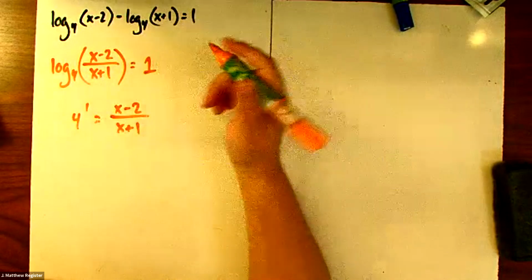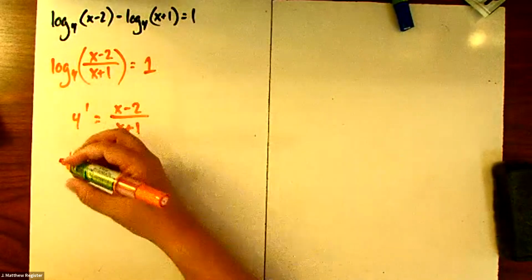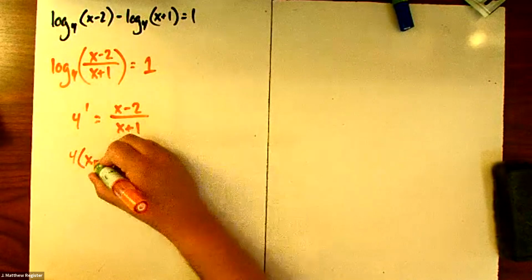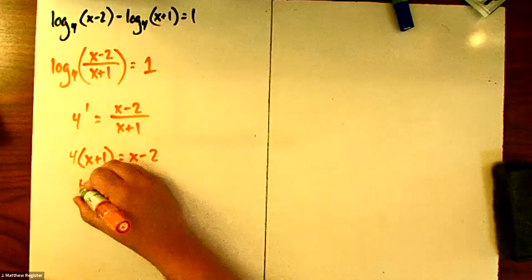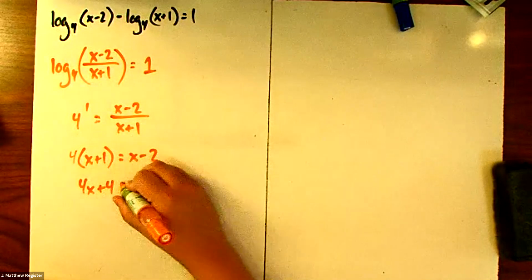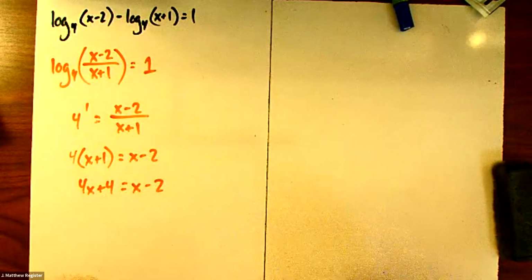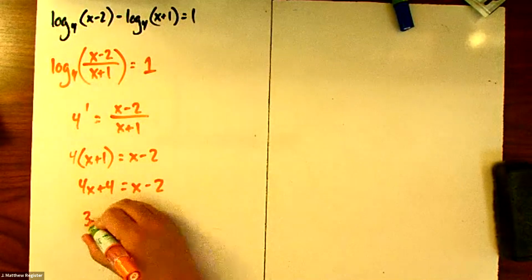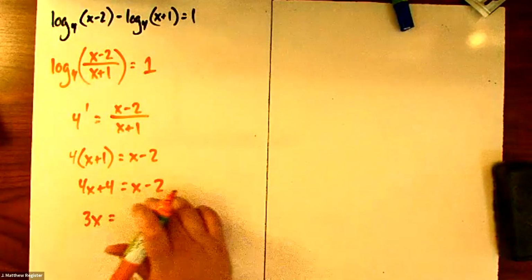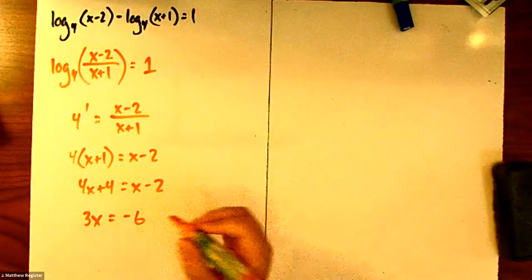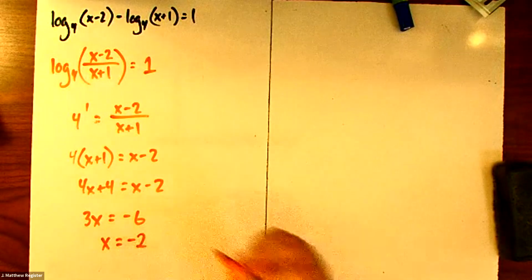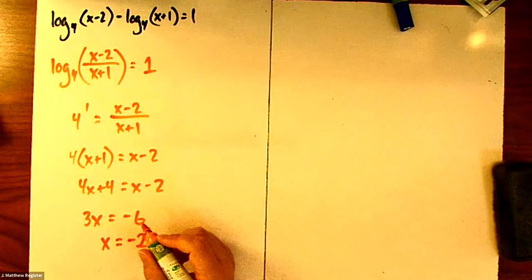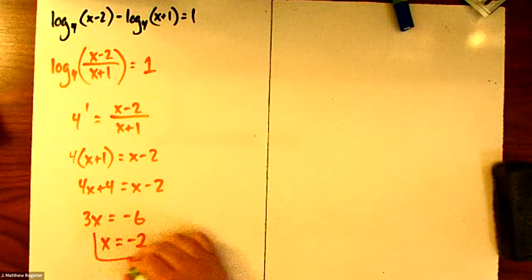Now we can cross multiply, giving us 4 times x plus 1. We can distribute. We can move terms around. 4 over here gives a minus 6. And then we can divide, giving an x equal to negative 2.